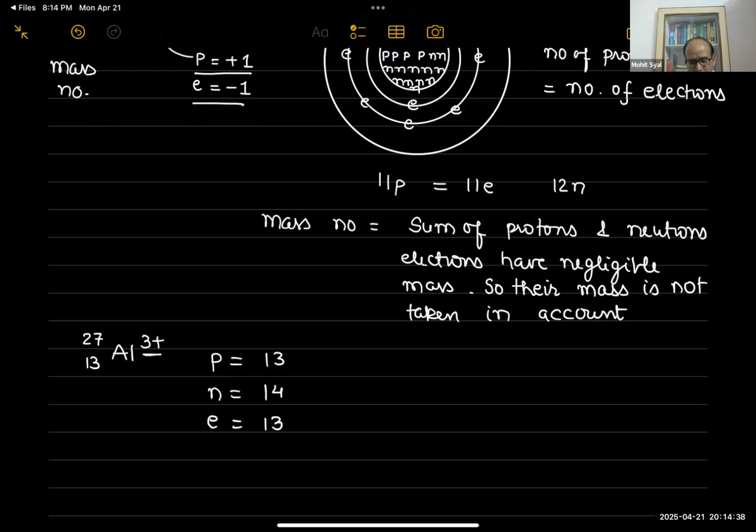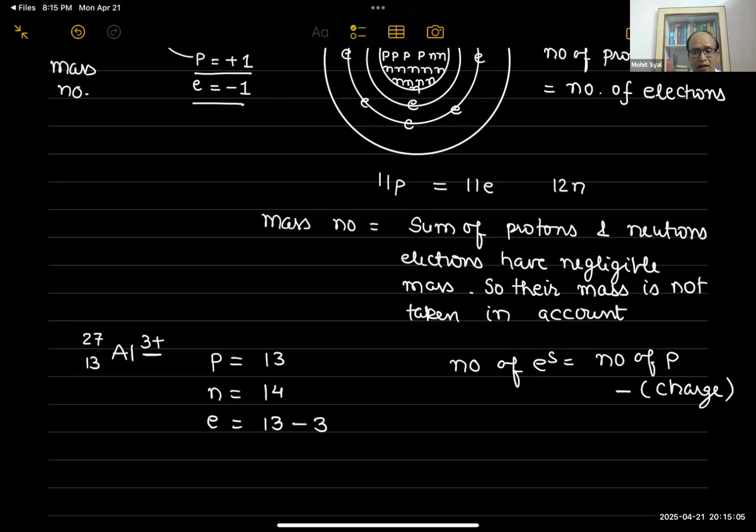But the positive charge is 3 more, plus 3. So it means electrons are less in number. So the number of electrons is equal to the number of protons minus the charge.